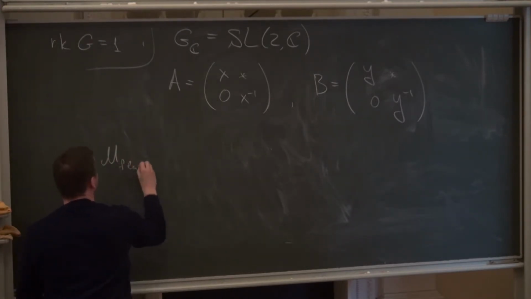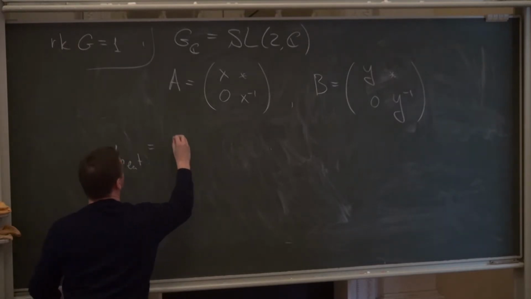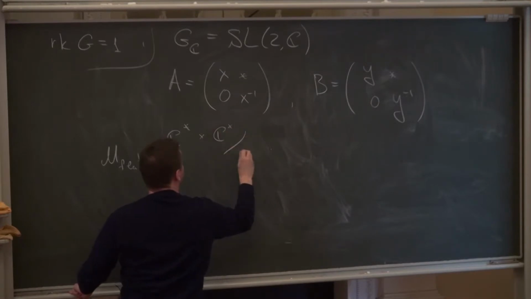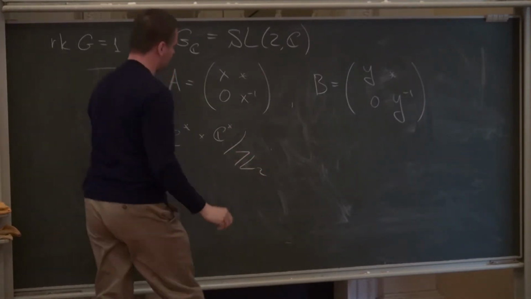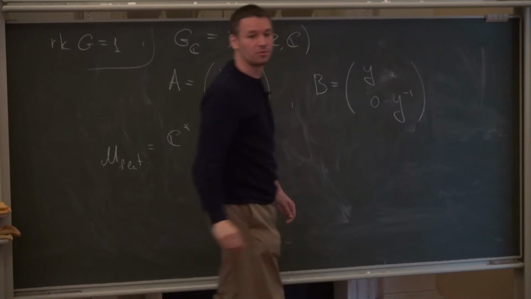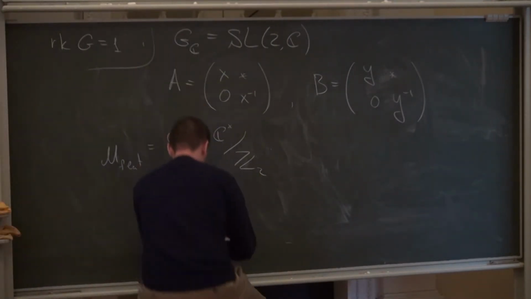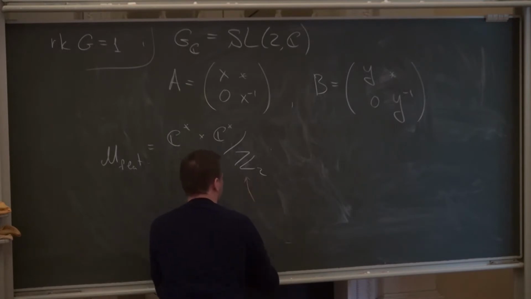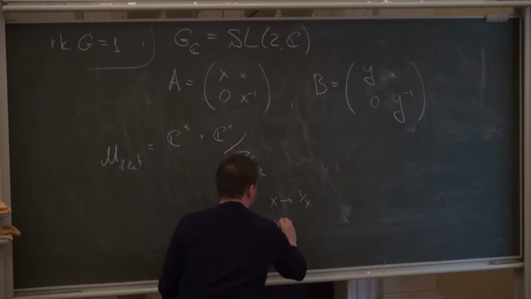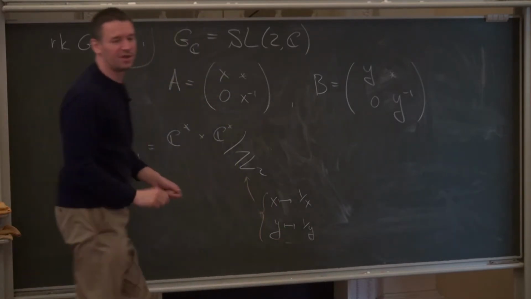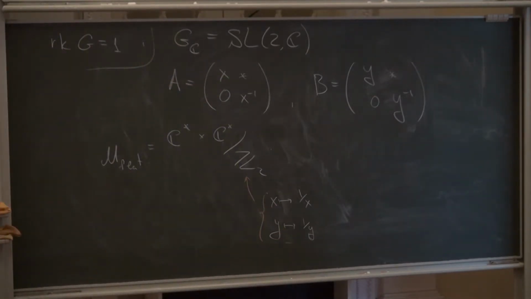So this M flat in this case is just C star cross C star mod Z2. So Z2 is a Weil group of SL2, obviously. The Z2 acts by sending x to 1 over x and y to 1 over y simultaneously. It's the leftover conjugation symmetry that we have.